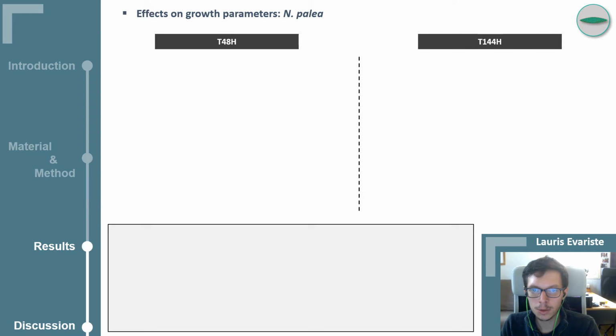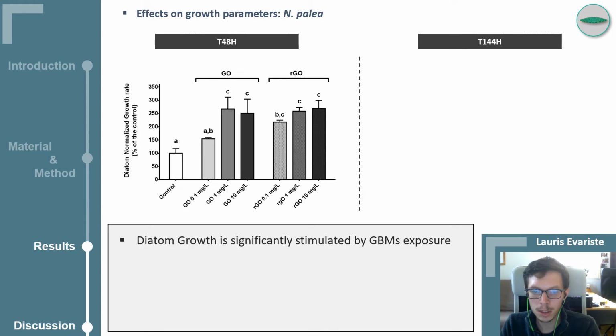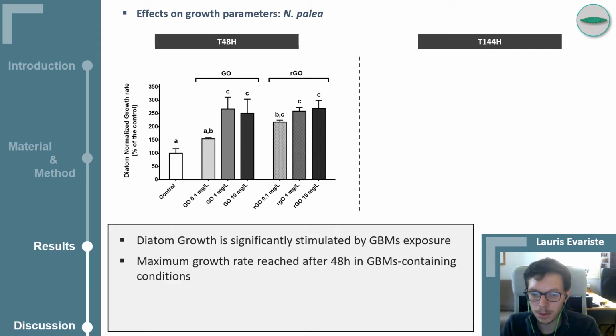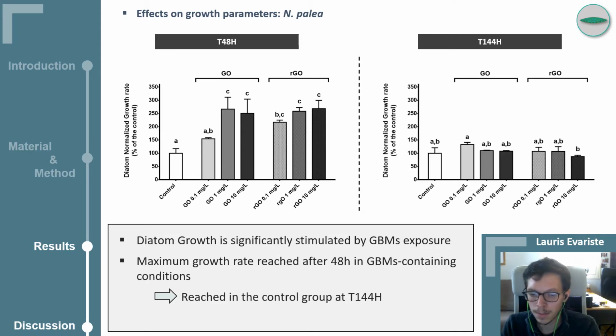Concerning the growth parameters of the diatom, we observed that the growth was significantly stimulated when exposed to graphene-based nanomaterials as soon as 2 days of exposure. The maximum growth rate was reached after 2 days in the graphene-based containing conditions, and this maximum growth was reached in the control group after 6 days of exposure.